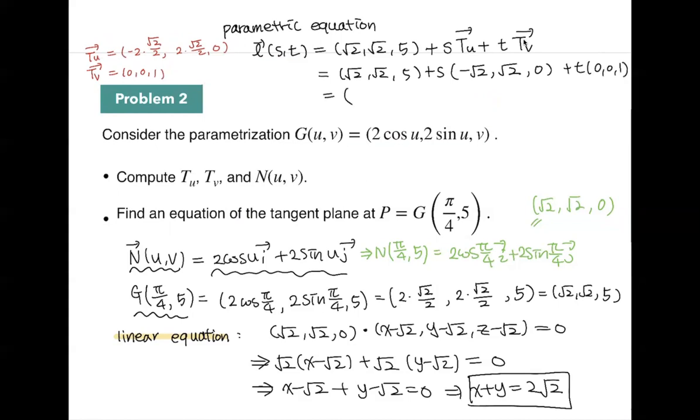Then it'll be root 2 minus s root 2, root 2 plus s root 2, and 5 plus t. This is also the tangent plane at our given point, but it is the parametric equation, so it is given by s and t.